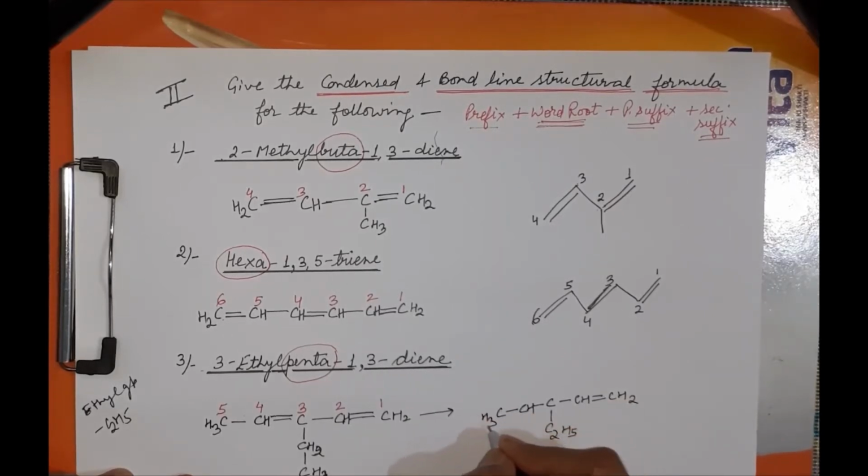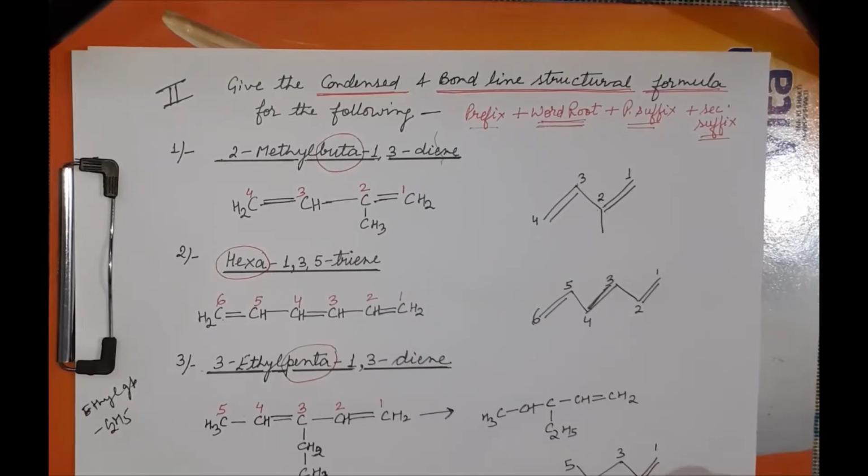So this is another way. For the bond line structural formula, again first write the 5 carbon chain: 1, 2, 3, 4, 5.